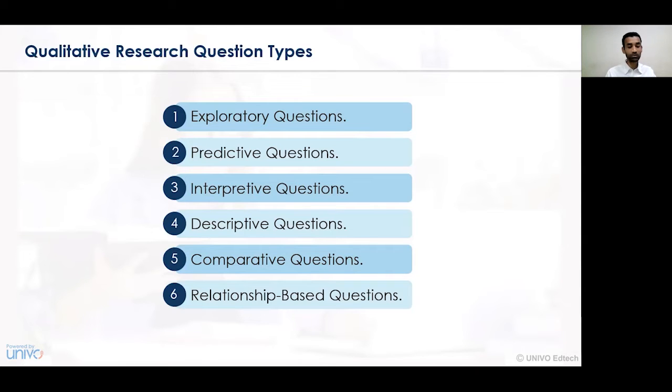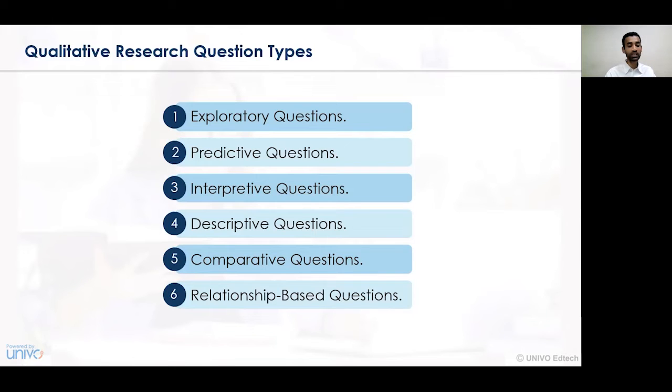In case of descriptive questions, we try to analyze a particular situation and the customer is asked to describe a particular scenario, that is, how does he feel about a particular product? What are the various features and what are his considerations about those products and services? In case of comparative questions, one needs to identify how a comparison can be made between one product and another product, one commodity and another commodity, and so on.